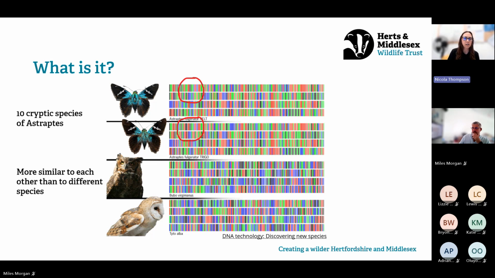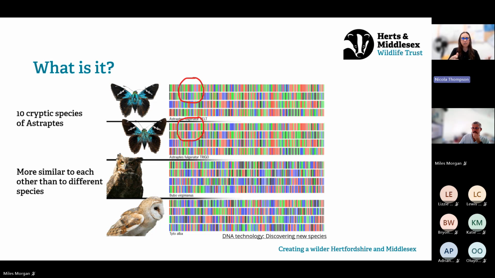So as you can see here, the top two are both the same species of Astraptes butterfly, but DNA profiling has uncovered cryptic species. So actually, there are 10 different cryptic species discovered through DNA barcoding.